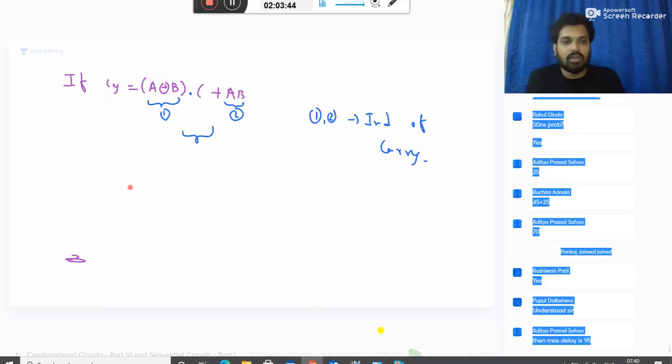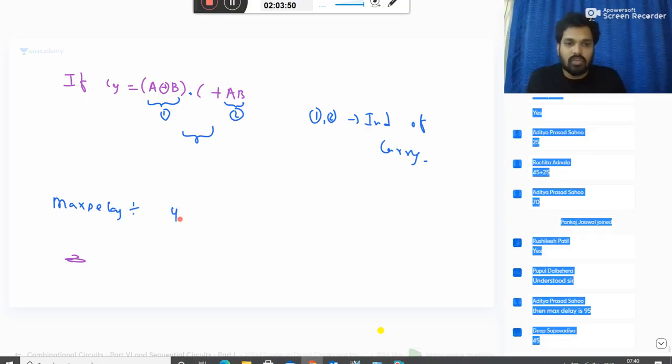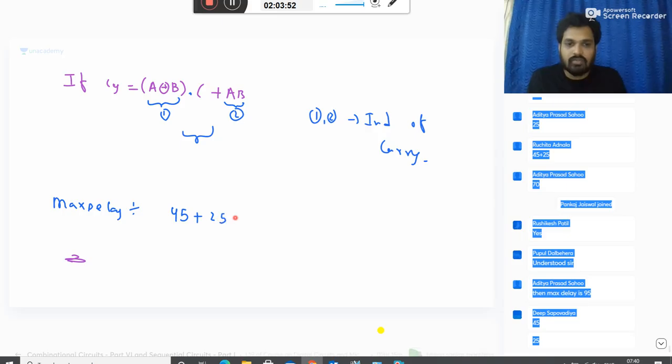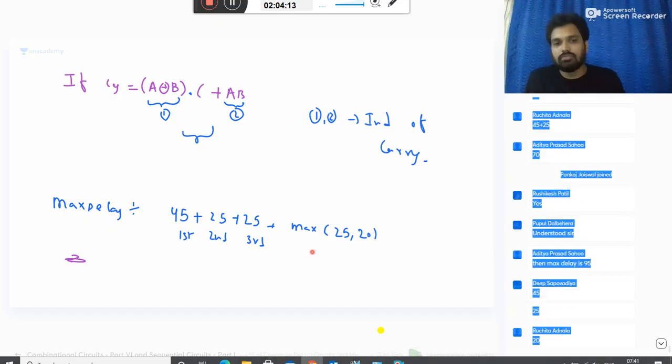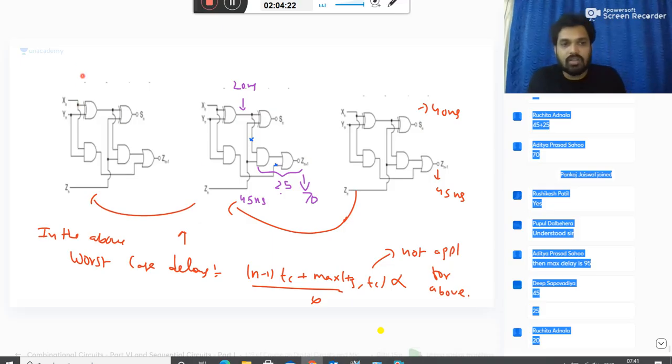Then the maximum delay you want. First case it is 45, second case it is 25, next case it is 25. First stage, second stage, third stage, and fourth stage, maximum of 25 and 20 actually. That will give you 120 nanoseconds, because it is not a 3-input XOR, it is a 2-input XOR.